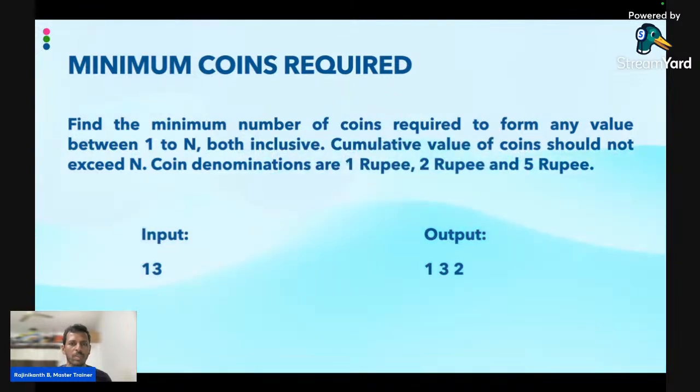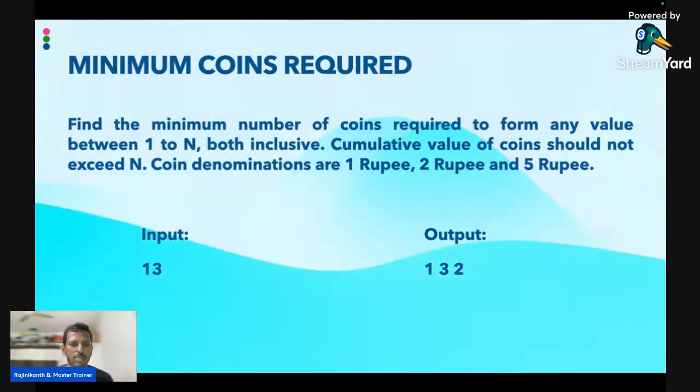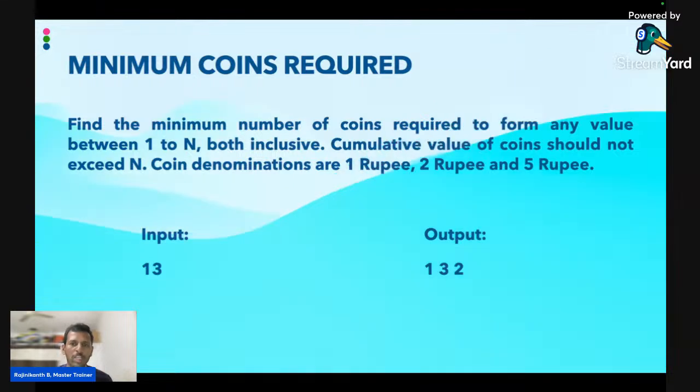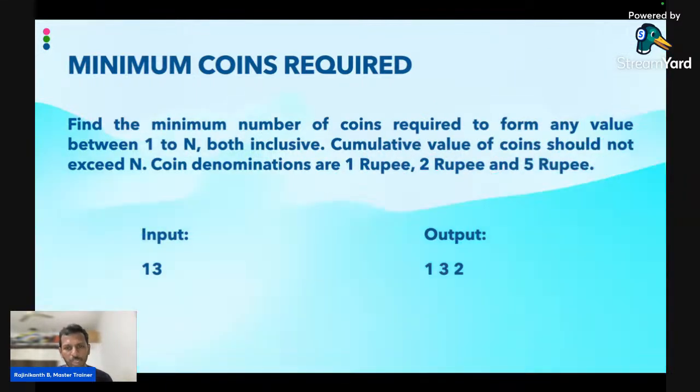So here the problem statement says that we are given an infinite supply of coins with the denominations of 1 rupee coins, 2 rupee coins, and 5 rupee coins.